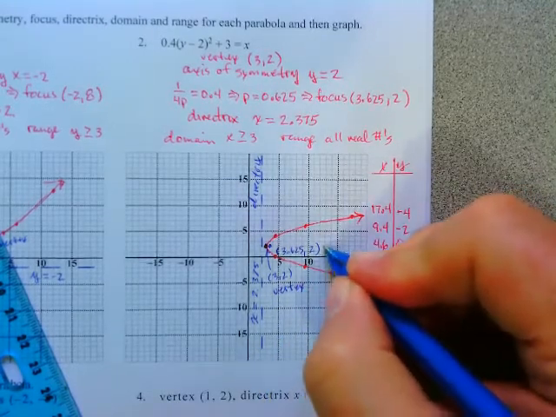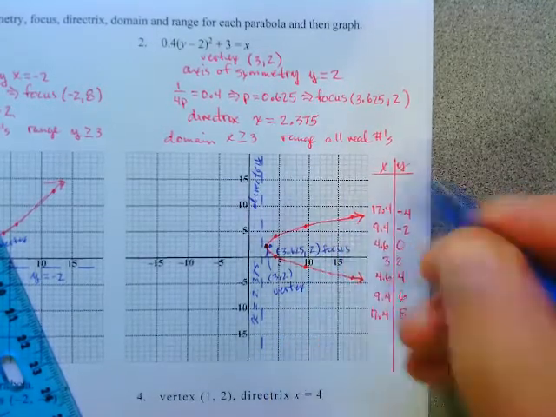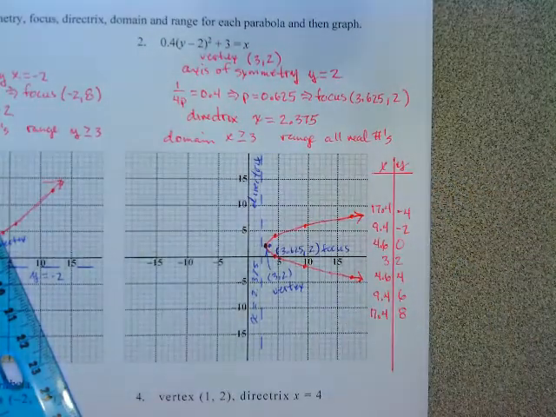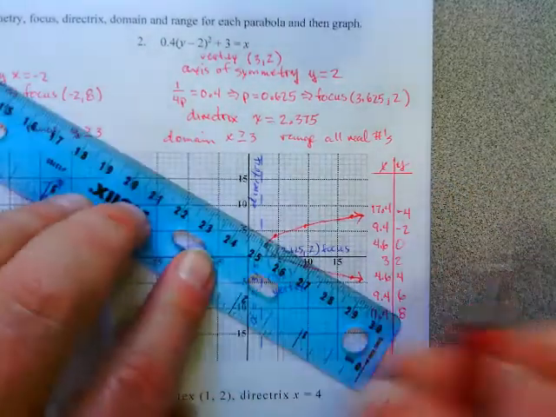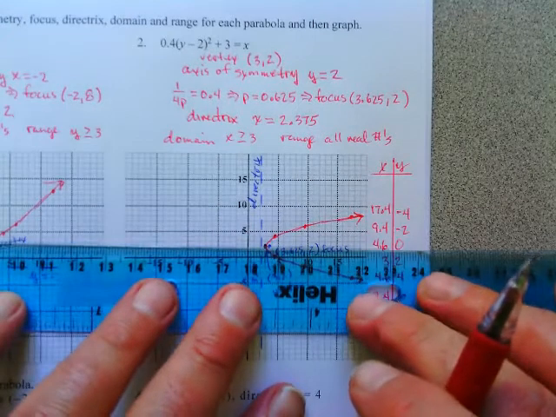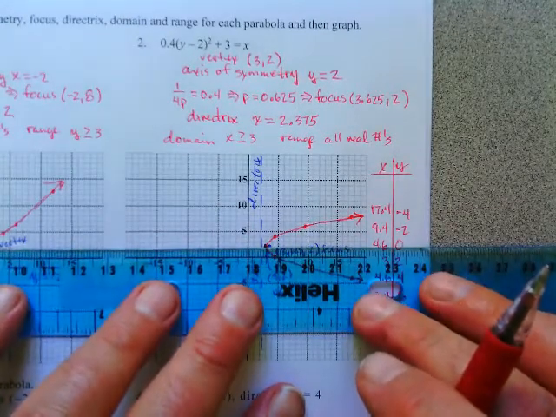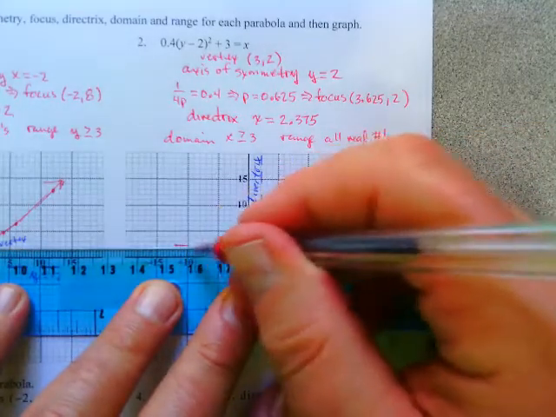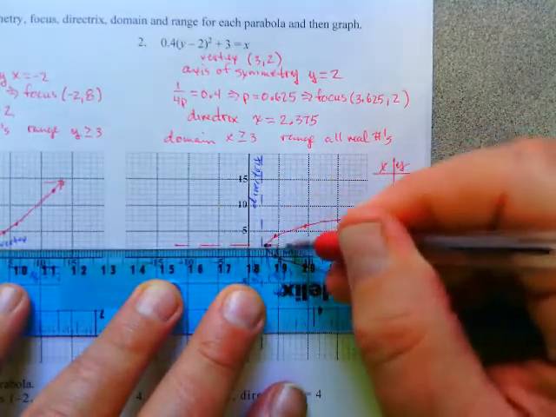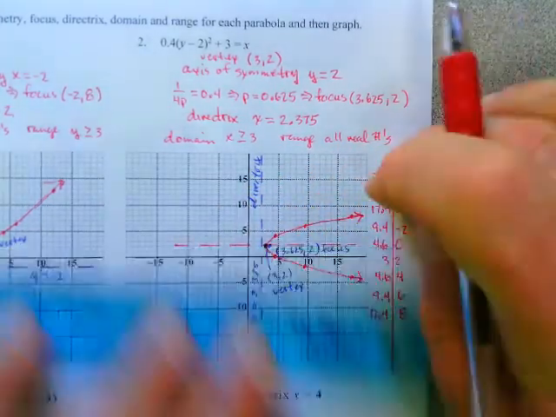This is the focus. And then we still need the axis of symmetry, which has to run through the vertex and the focus and be at right angles to the directrix. And so we'll just go ahead and put it right in there.